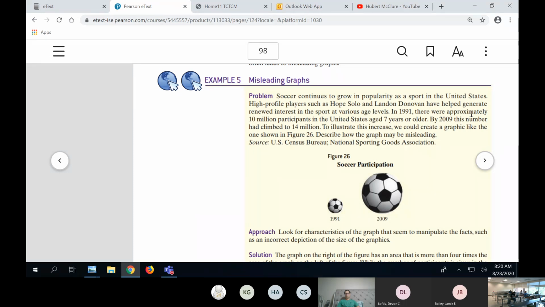The other is because of bias, and the person that's doing the article wants to try to persuade people that there's 10 times more people playing soccer now than before. Okay, so that's the 2 instances of misrepresentation or misleading graphics. Yes, no, maybe, hopefully you understand.